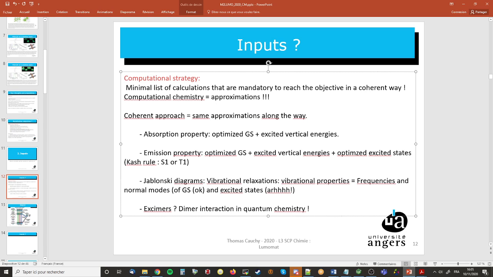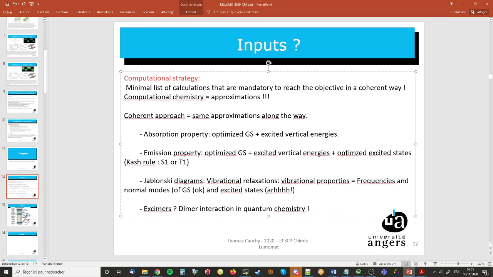So, to have the absorption property, emission property, and Jablonski diagram of a molecule, it will be okay, and we will have reliable answers. To do excimer, we will try to do the dimer interaction.